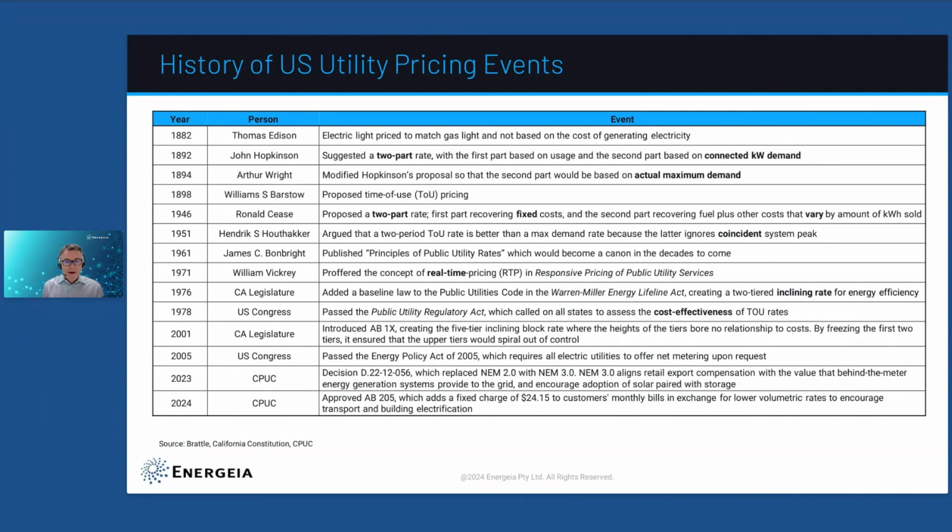From there, we have innovations in California, for example, where they adopted an inclining rate, and that was to encourage energy efficiency. And it meant that as you used more, you would pay a higher charge. Congress got into the act in '78 with PURPA and had a number of requirements, but those actually only fell on the state regulators who could choose to implement them or not.